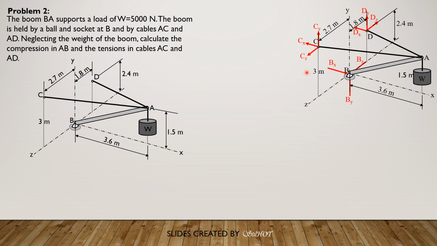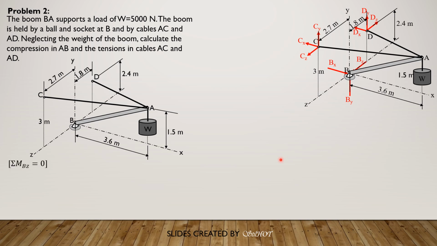So if we sum up moments about the BZ axis, the Y components of tension, Cy and Dy, all pass through the BZ axis, so they are not involved in the moment equation. Then only Cx and Dx are involved, because Cz and Dz are parallel to that axis, so they are not involved.